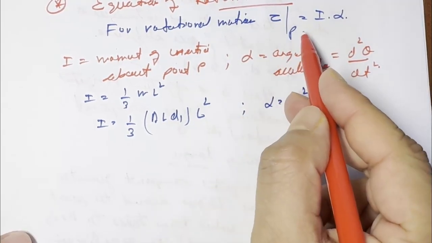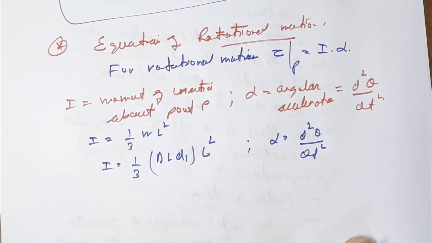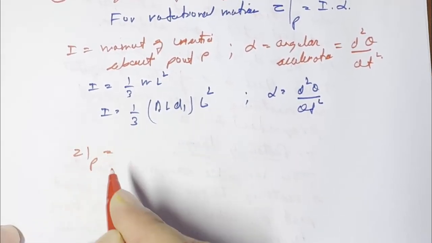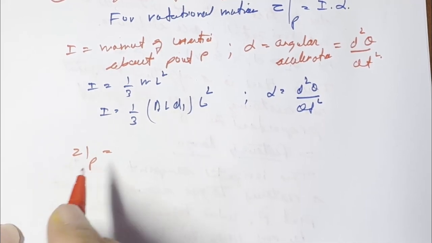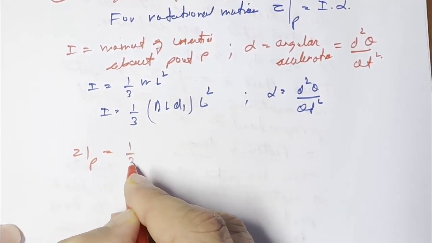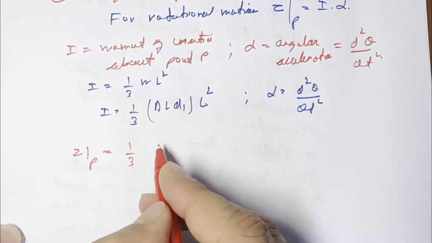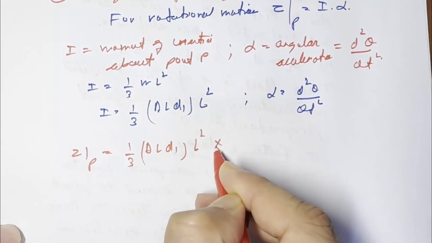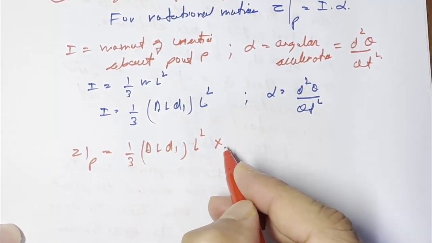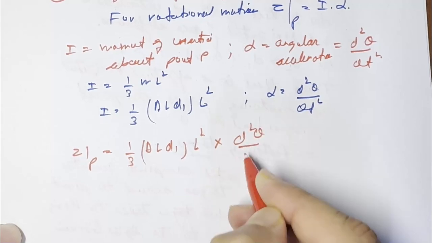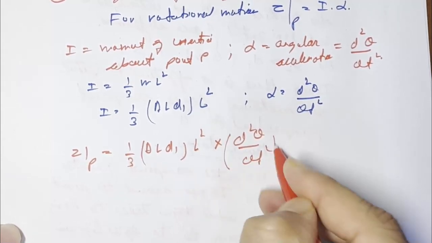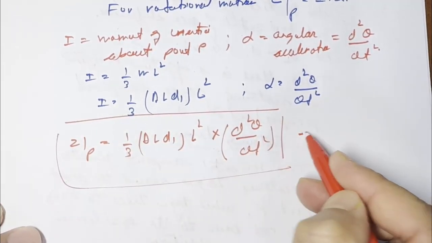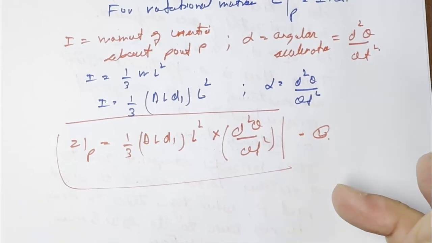So we substitute in this equation, and we get the torque at point P equal to 1 by 3 AL d1 L square multiplied by the double derivative of theta with respect to time. Let us call this equation number 2.